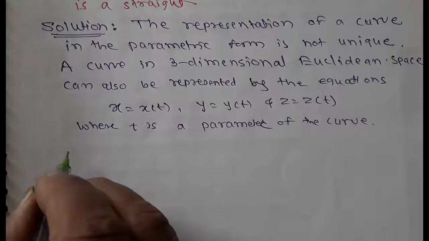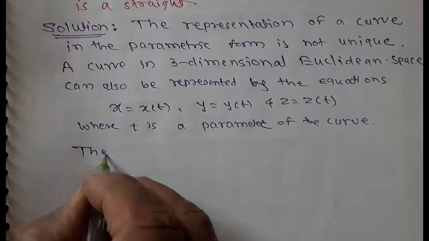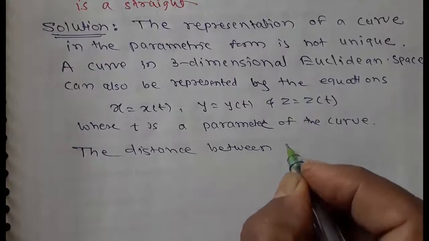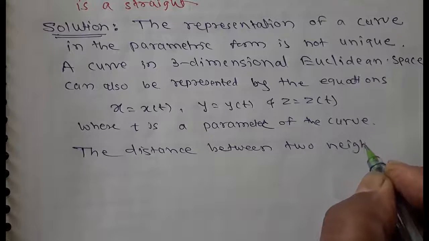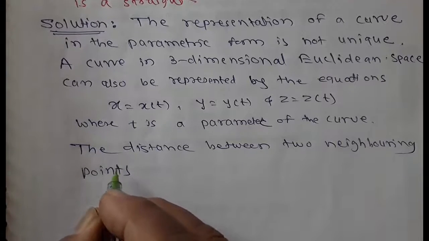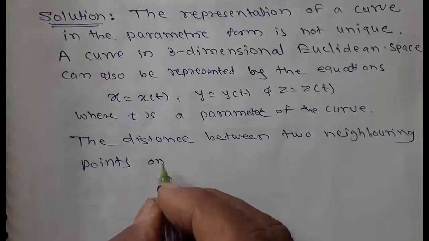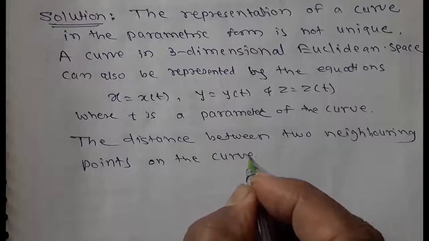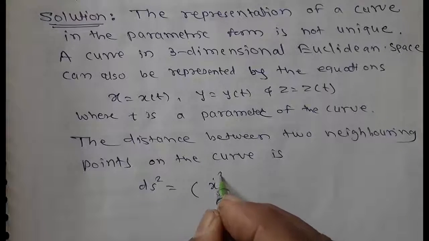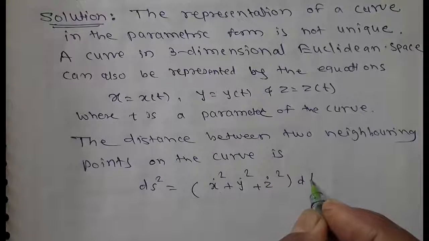The distance between two neighboring points on the curve is given by ds square equal to x dot square plus y dot square plus z dot square dt square.